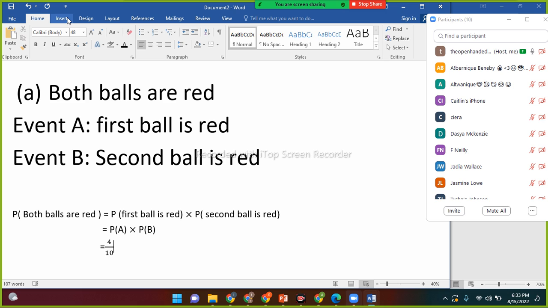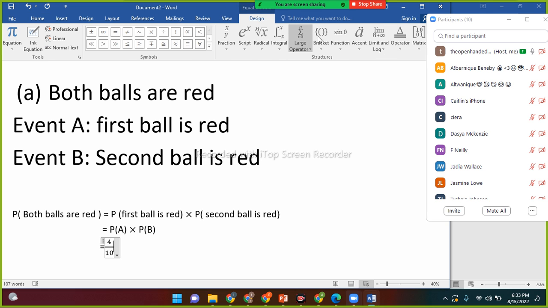All right, now Jasmine, what's going to be the probability that the second ball is red? Jasmine, are you here?